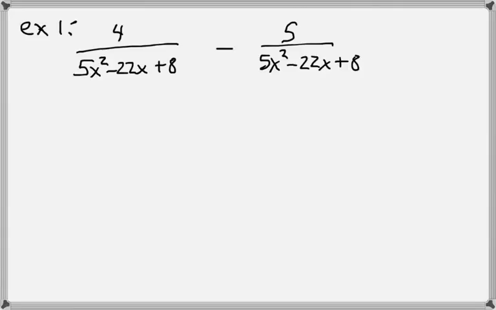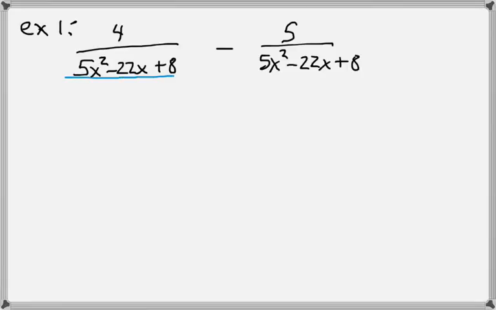If we look at this one, it looks complicated because we have those trinomials there at the bottom. We have a 4 over 5x squared minus 22x plus 8, and then subtracting a 5 over 5x squared minus 22x plus 8. So we first want to check, in order to add or subtract fractions together, you have to have a common denominator.